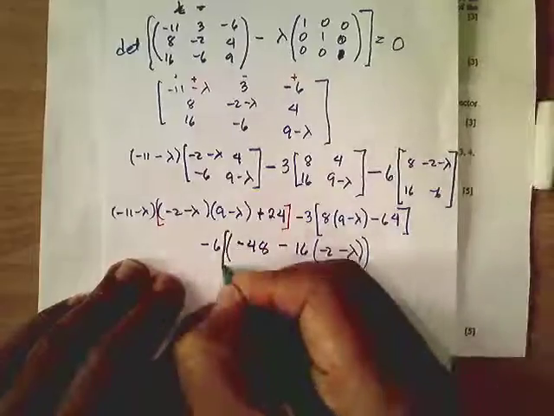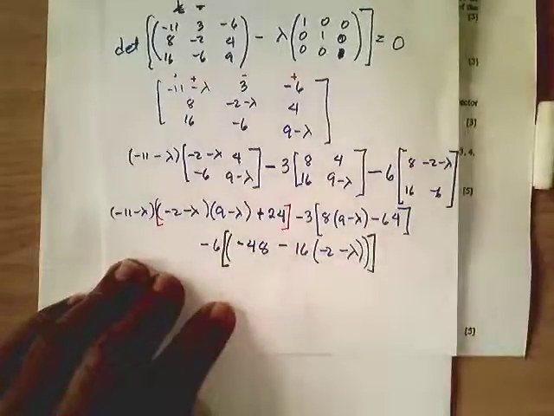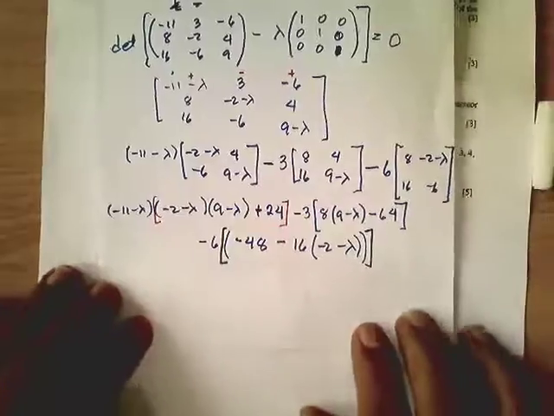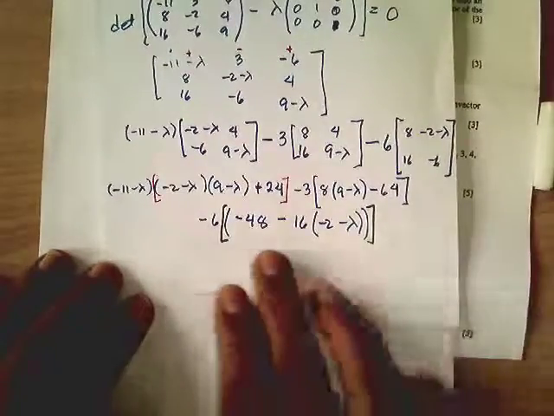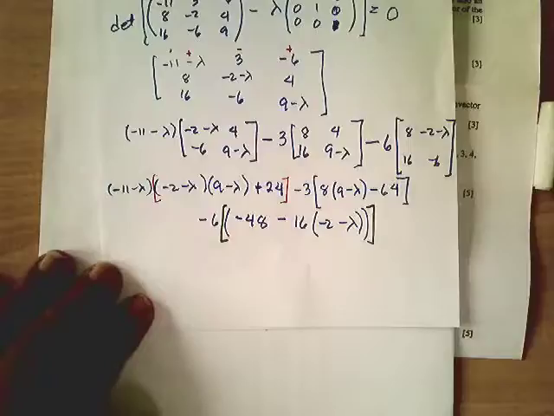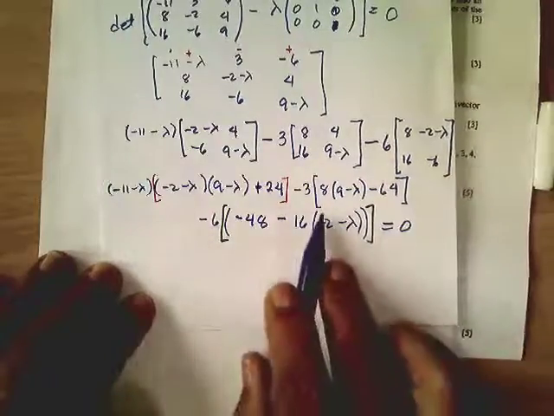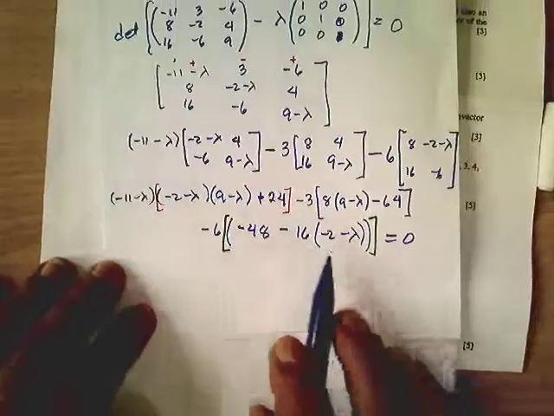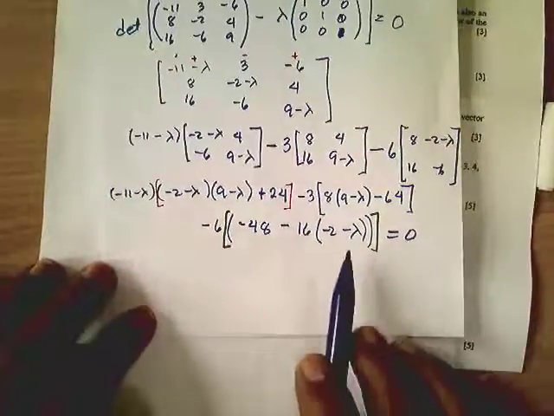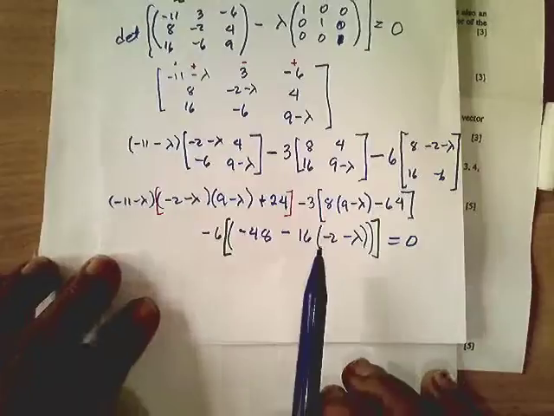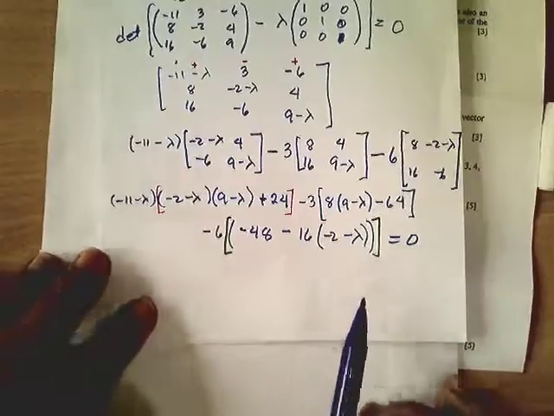Again, don't forget that is times 6 of that. Anyway, this is now, and that will be equal to 0. So that is the determinant of this matrix, or the determinant of your L minus lambda I.